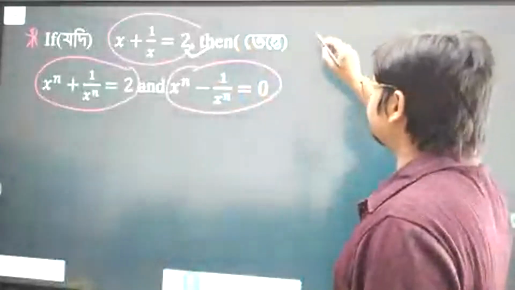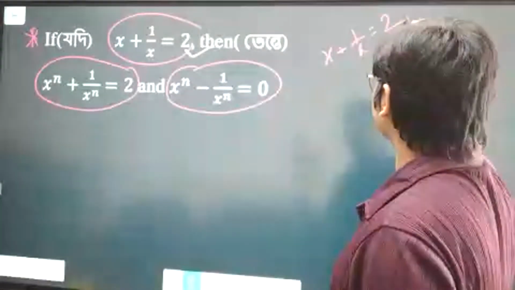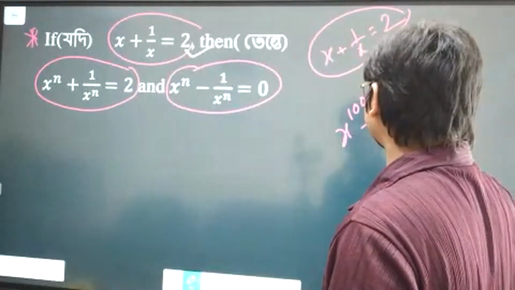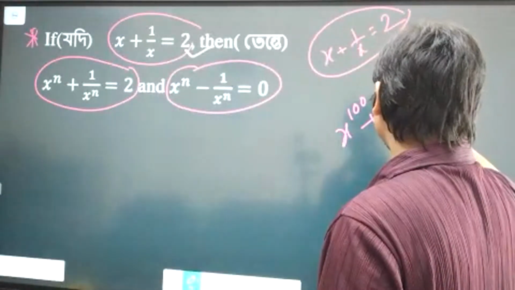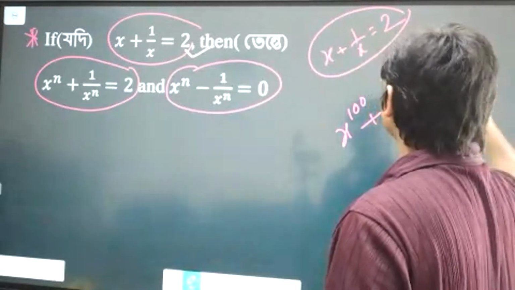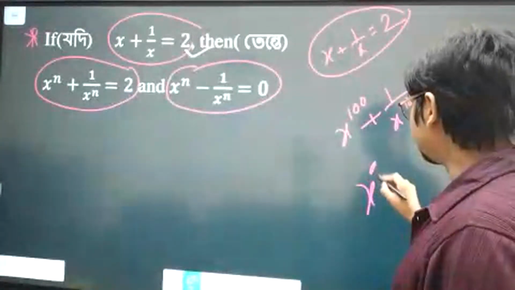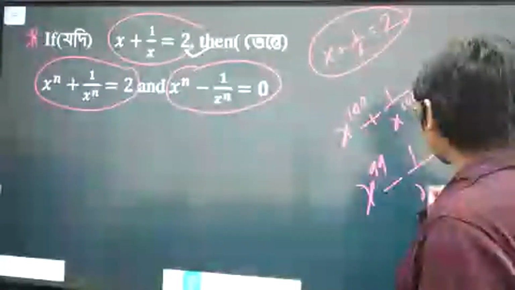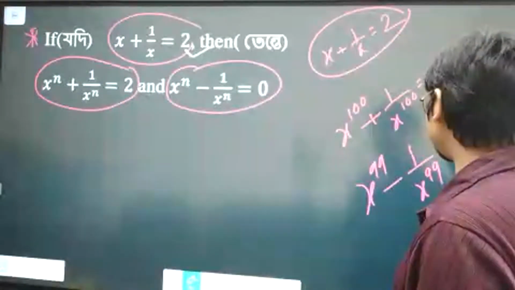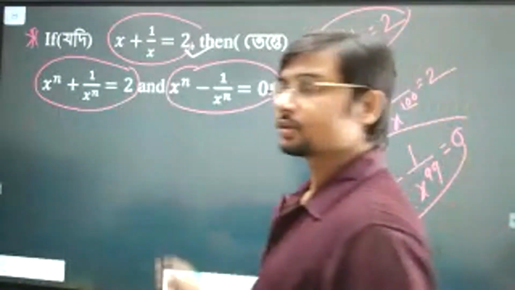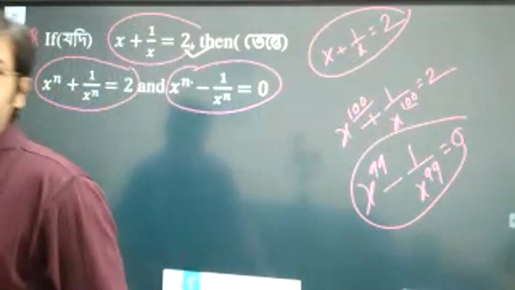That means if they provide, suppose x plus 1 upon x is equal to 2, then what will be the value of x to the power 100 plus 1 upon x to the power 100? This is always will be 2. And suppose x to the power 99 minus 1 upon x to the power 99, this always will be 0 for any values of this one. Okay. So you must remember.